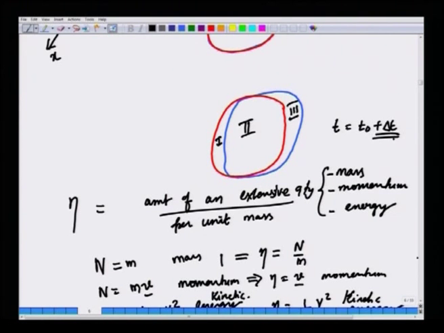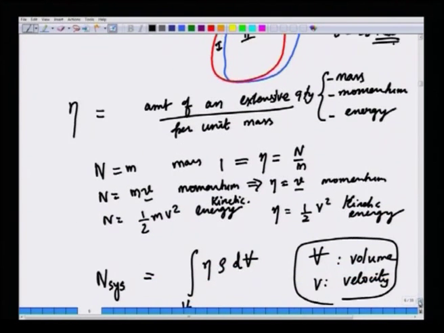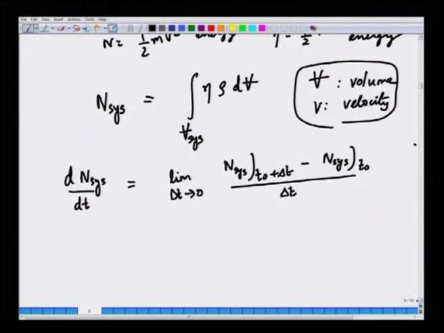By fundamental definition, the rate of change of a quantity such as mass, momentum or energy present in the system, dN system by dt, is the limit as delta t goes to 0 of N system at t0 plus delta t minus N system at t0, divided by delta t.